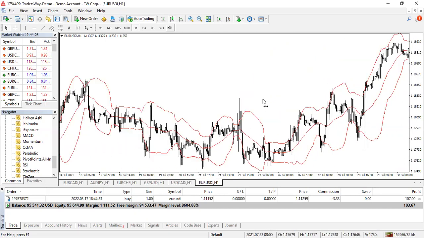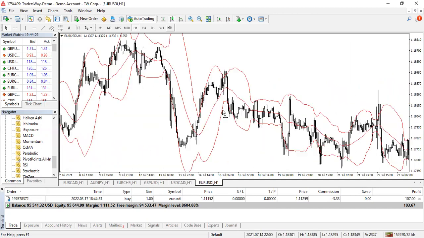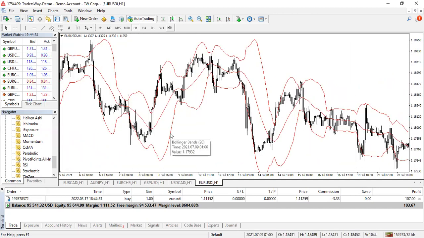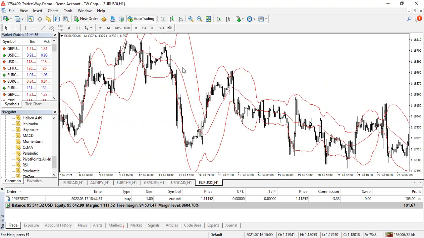But when there is no volatility in the market, the lower band, the middle band and the upper band will come together, like something like this. This indicates that there is no volatility and you shouldn't enter any trade at this point. You can only make profits when there is a lot of space between the bands. So I want to use this as well to identify trends and volatility.